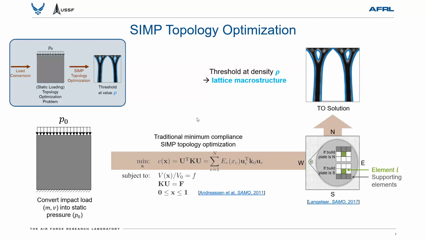And if we essentially draw a line at a threshold in that density field, some threshold rho, that will give us an overall envelope of where the lattice structure could be. This looks at the heuristic that regions that are important for carrying a static load are probably also to some degree important in carrying or dissipating an impact load. Where that value rho will come up later as a design variable that we want to optimally select.